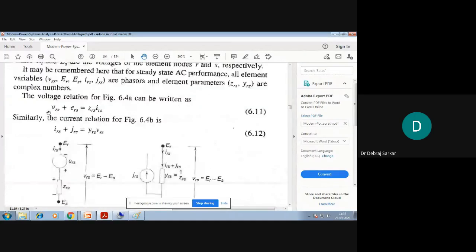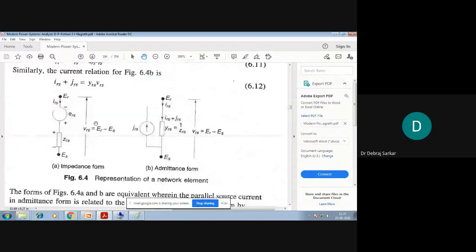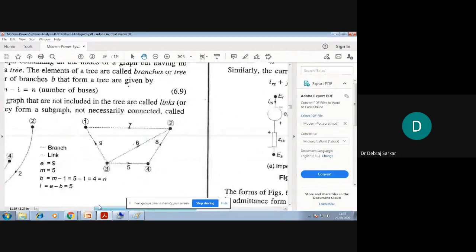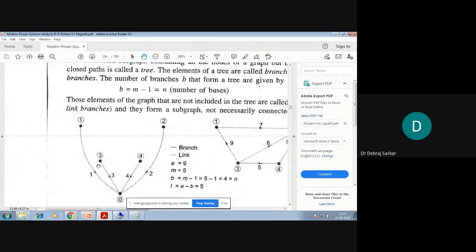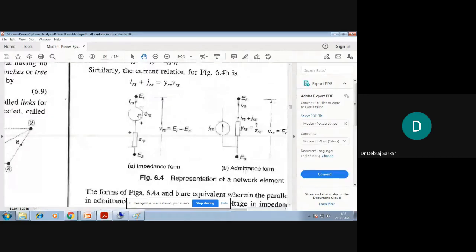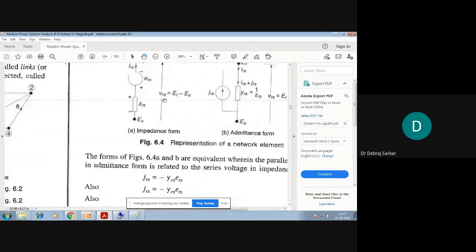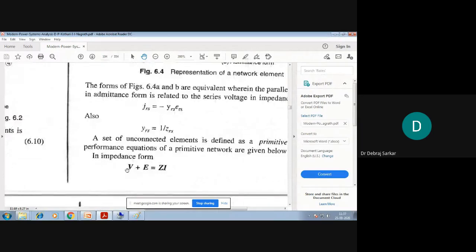Now let's say every branch of your graph has this kind of element, a source and an impedance. That graph can be written in terms of matrices. So this is the voltage matrix across the nodes, this is the matrix of the sources, and this is the matrix of the impedance and the current in the graph.